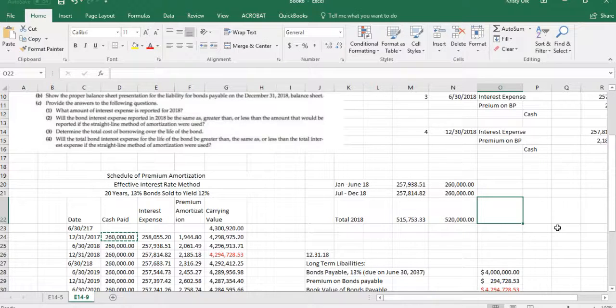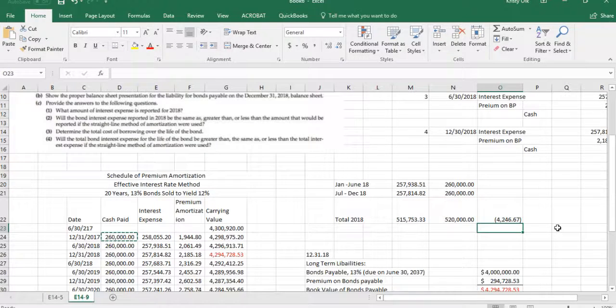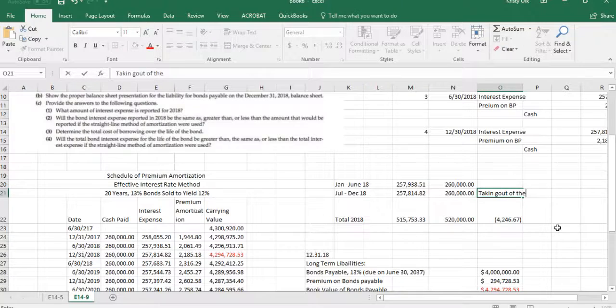The difference of $4,246.67, we're basically taking out of the overpayment or the upcharge received in the bond proceeds.